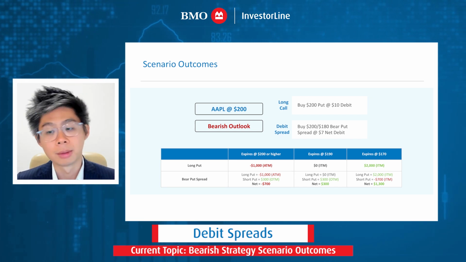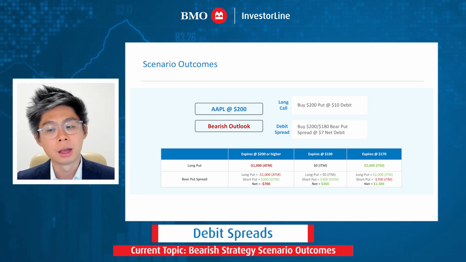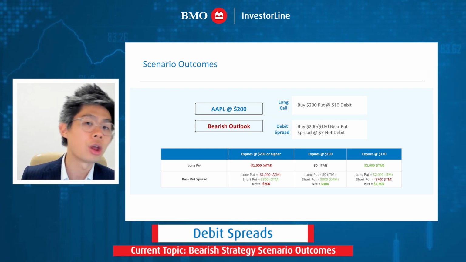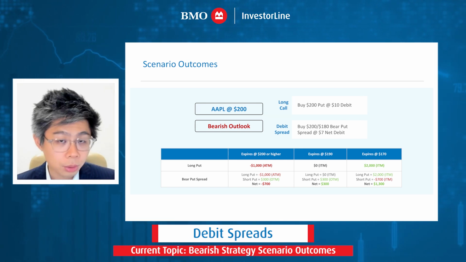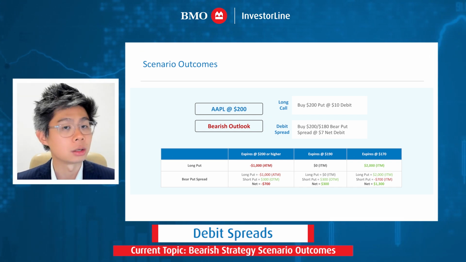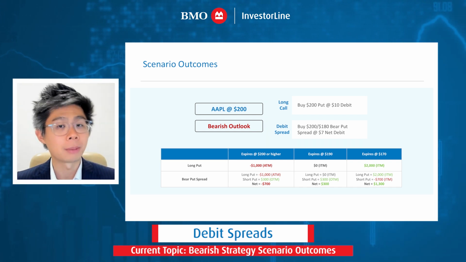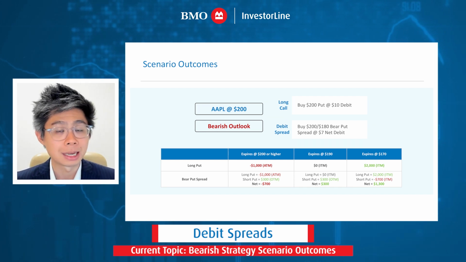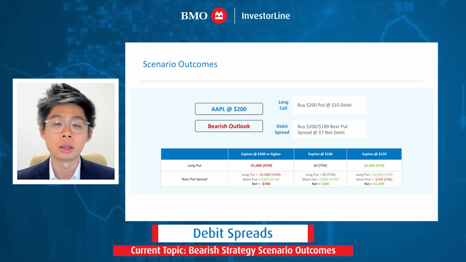And then when you look at the debit spread, you're going to see, yes, I gained $2,000 on the long put, but I lost $700 on the short put that I've sold. So my net gain here is only $1,300, which again, just like the previous example, on paper sounds like I'm really missing out on some potential gains because I used a debit spread.